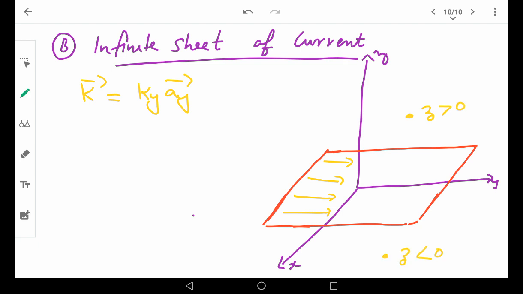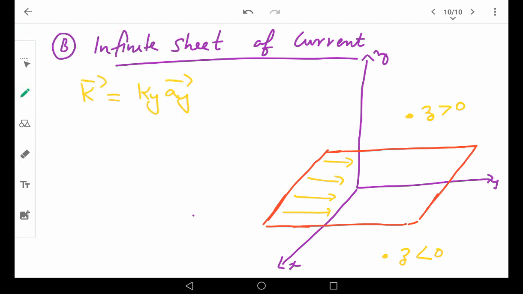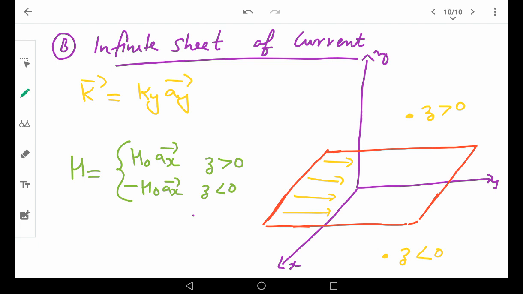For both these cases, I can write the equation for H as H equal to H0, with opposite signs for z greater than 0 and z less than 0.